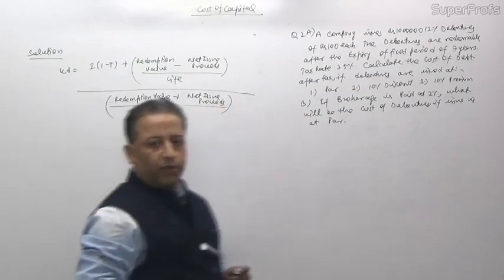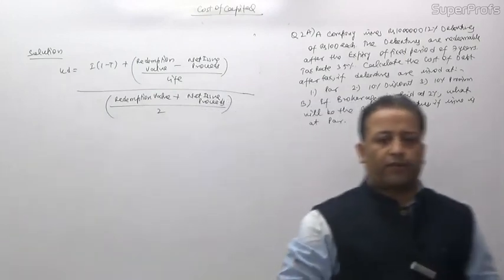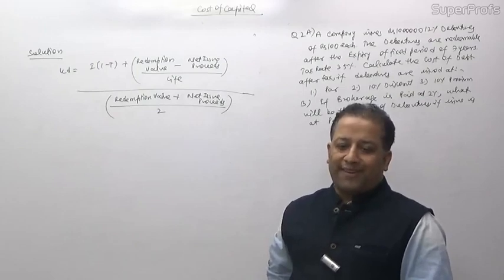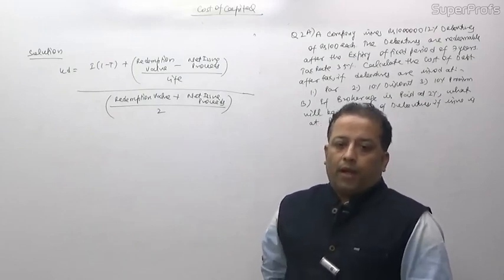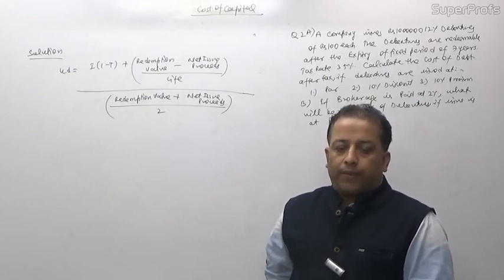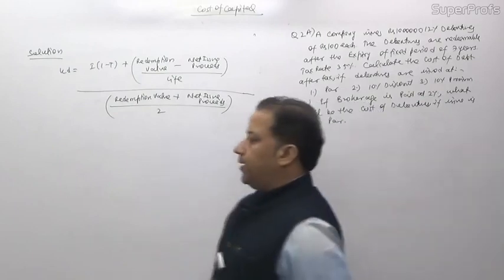So I stands for interest rate, T stands for tax rate, redemption value minus net issue proceeds divided by life, whole divided by redemption value plus net issue proceeds divided by 2.